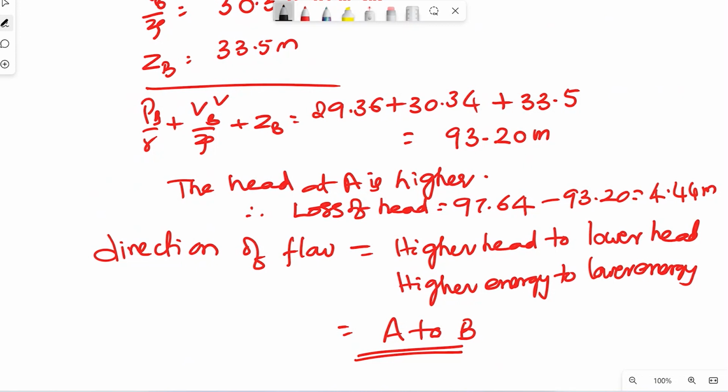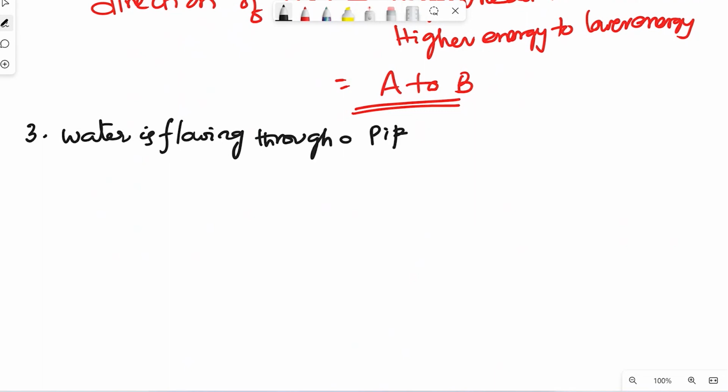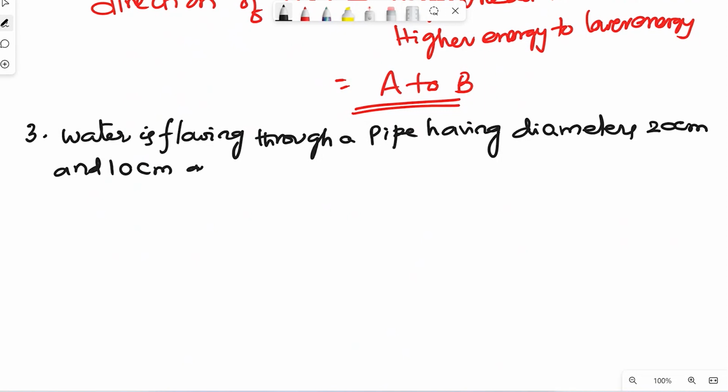Let us take one more problem here. Water is flowing through a pipe having diameters 20 centimeters and 10 centimeters at sections 1 and 2 respectively.